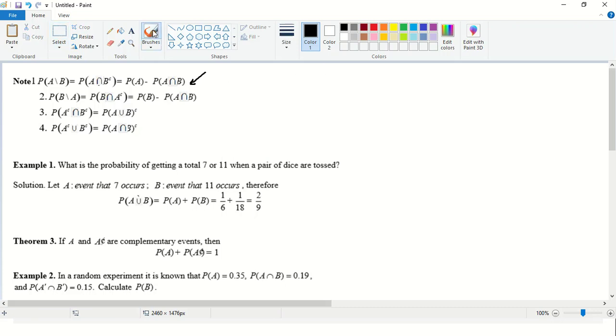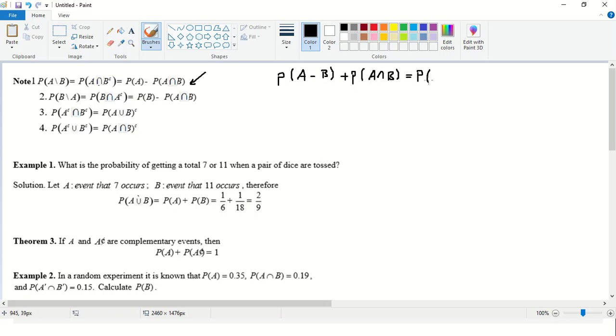We have the probability of A minus B, and it's said that the probability of A minus B is equal to the probability of A minus the probability of A intersected by B. Let me shift that intersection to the left side. Then I have this relation, meaning that the probability of A intersected by B should be equal to the probability of A. This is the thing that I want to prove.